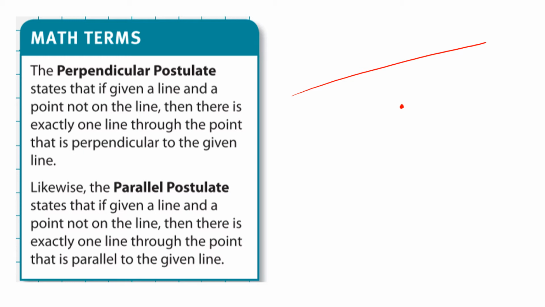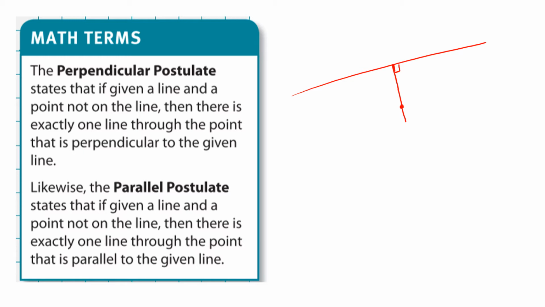What that means is that the line I want to draw has two conditions. It's perpendicular to the original line and it goes through this point. The perpendicular postulate tells us that there's only one choice for that, meaning I couldn't draw another line that would also be perpendicular. If I drew another one and it intersected this line, it would not intersect at a 90-degree angle. It would not be perpendicular. It just means there's only one, which is very useful and nice.